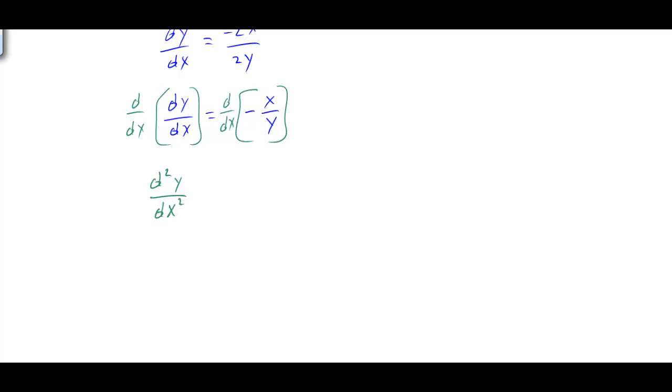And keep in mind, if you were using the y prime notation instead of dy/dx, then when you take the derivative here, of course, you would just have y double prime. So instead of using the dy/dx notation, this here could simply be y double prime.